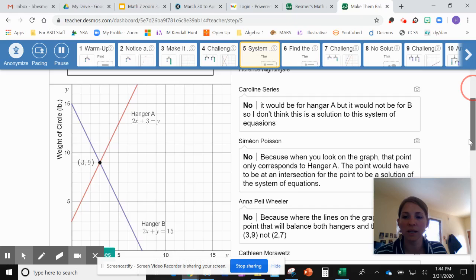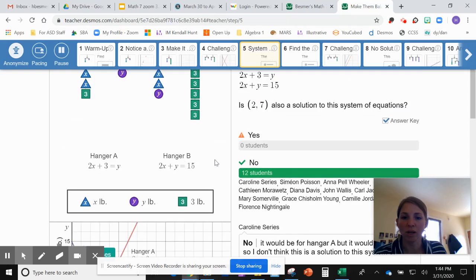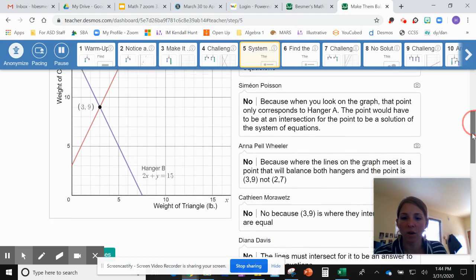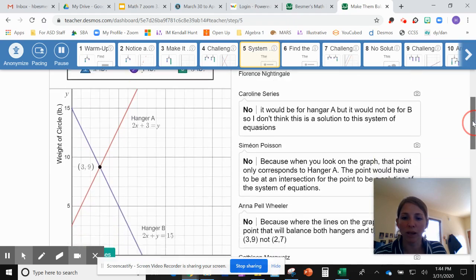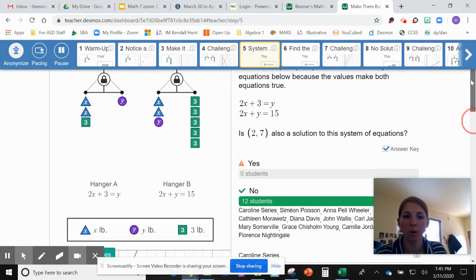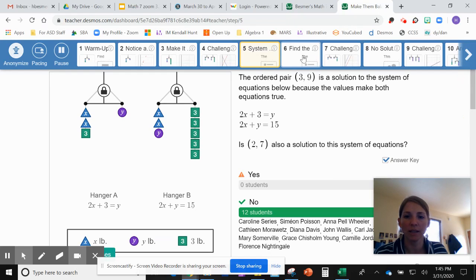In your responses, a lot of you said that because you look at the graph, (3, 9) is your solution, not (2, 7), because (2, 7) is not where they're going to intersect. And also understanding that when you plug them in, it would work for hanger A, but not for B. So I don't think it's a solution to the system of equations, right? If it works for one, but not for both, it is not a solution to our system. So getting the idea there.